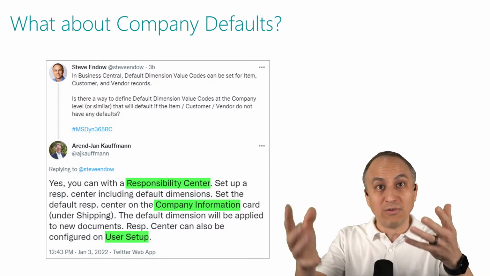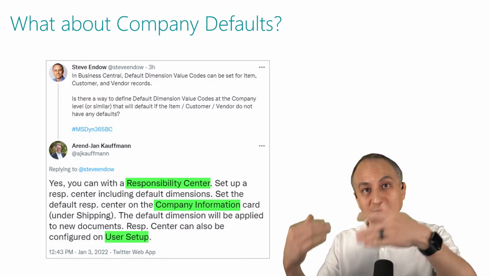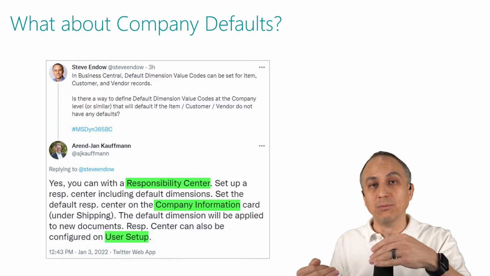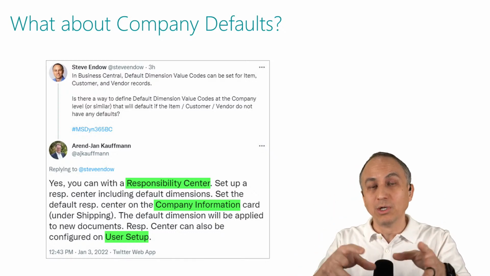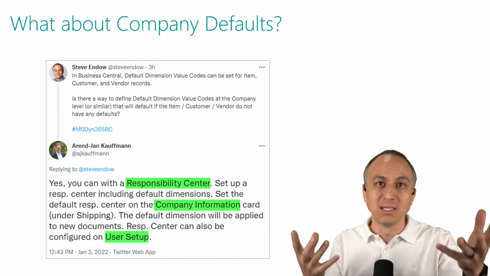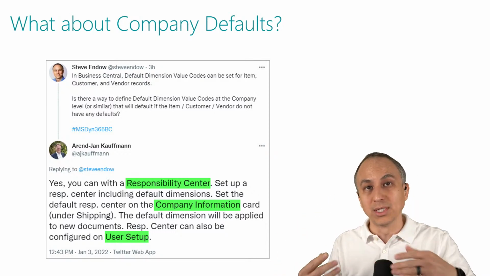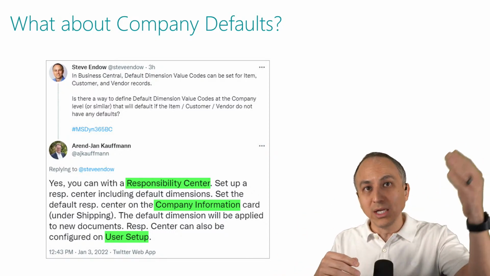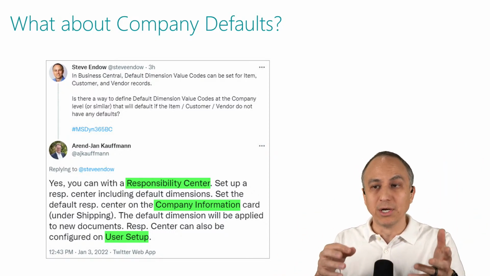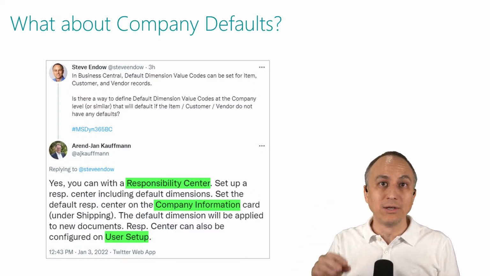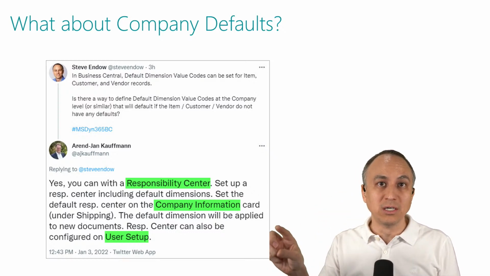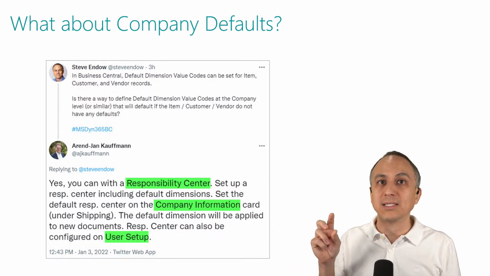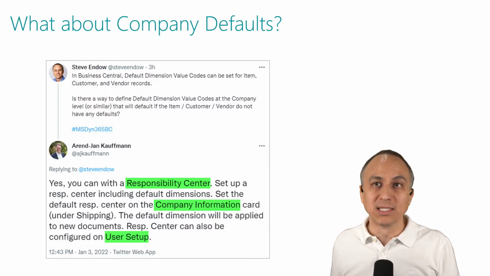Is there a default GL account I need to use? If so, pull those into the distributions. If not at the customer level, then look for any defaults at the system or company level and pull those in. In theory, those three layers in a simple scenario will be enough to fully default all of your GL accounts, all of your debits and credits, and everything is taken care of.